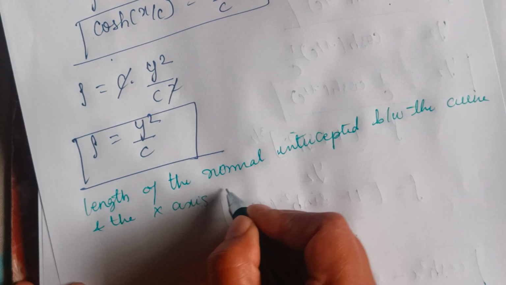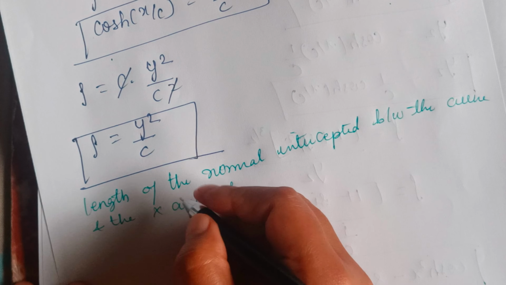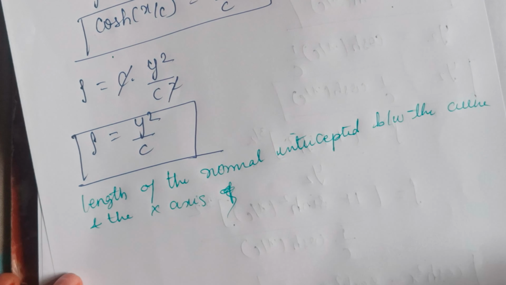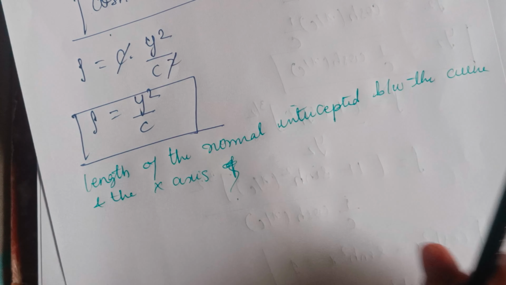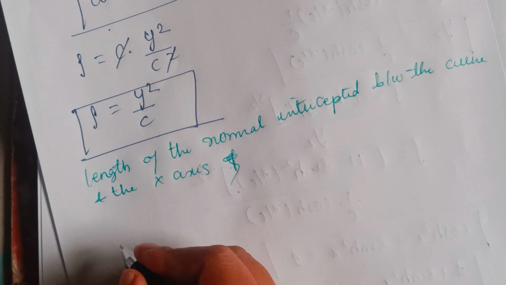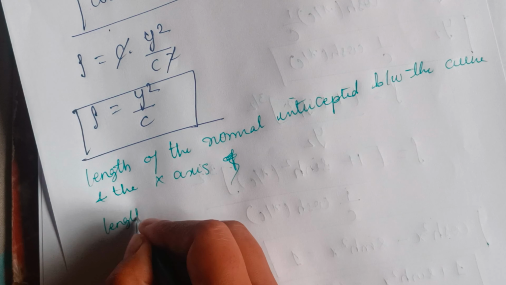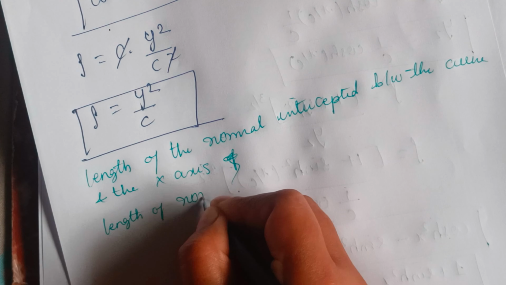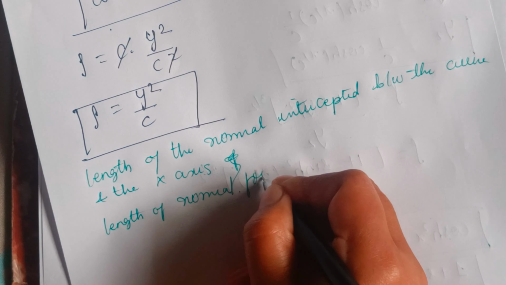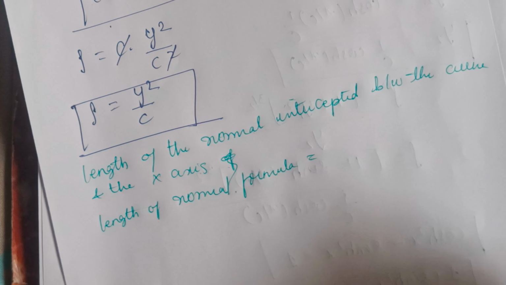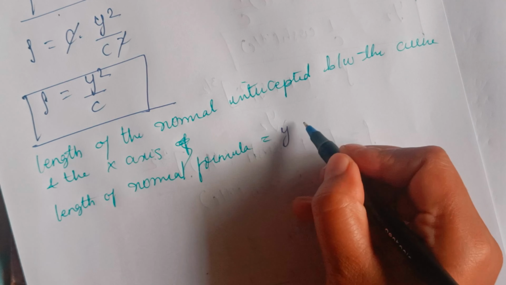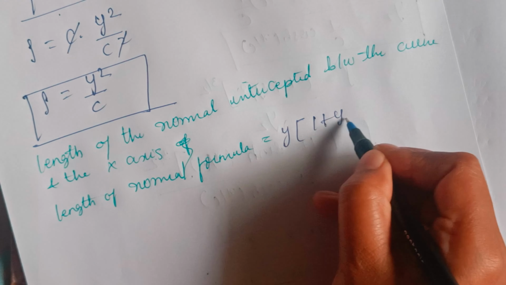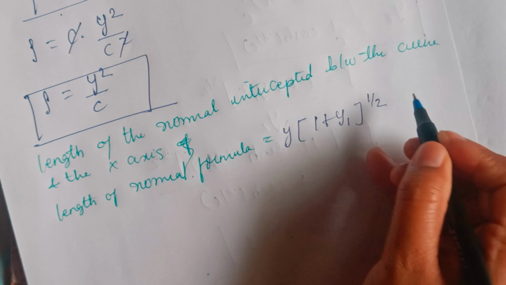This is what we have to find. So the length of normal formula is nothing but y into 1 plus y1 square whole to the power 1 by 2.